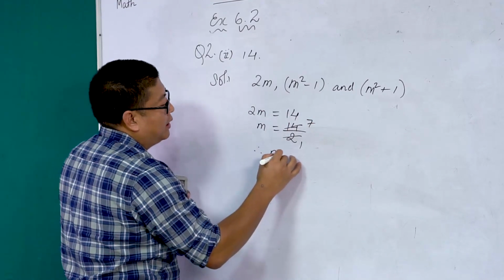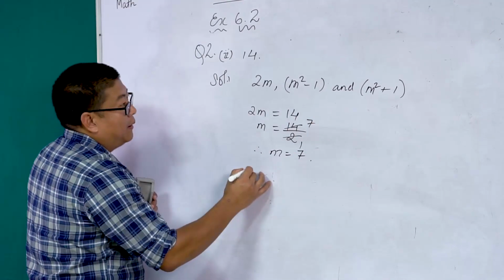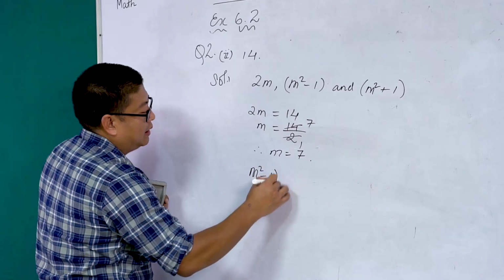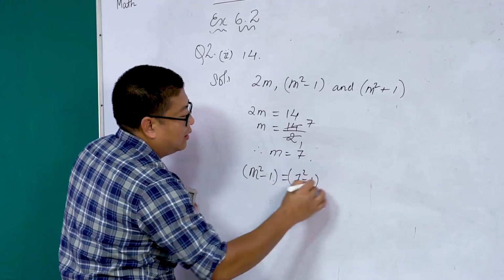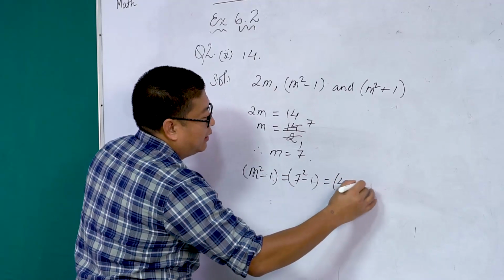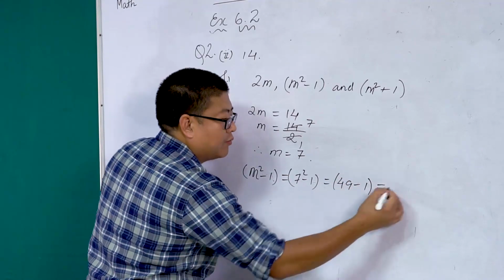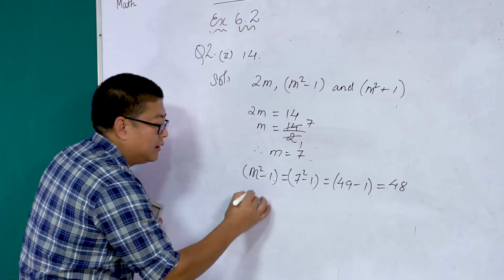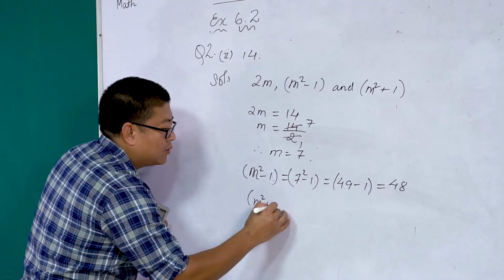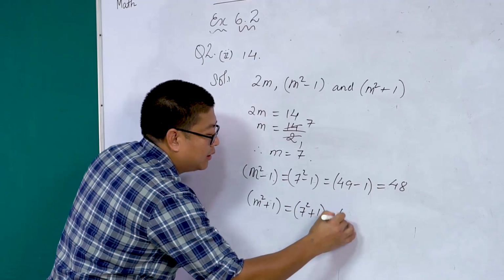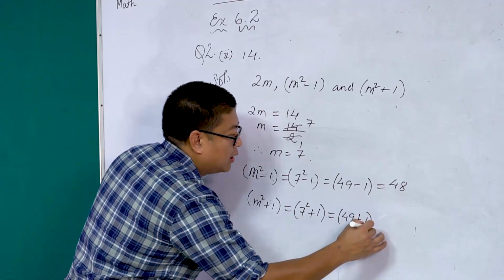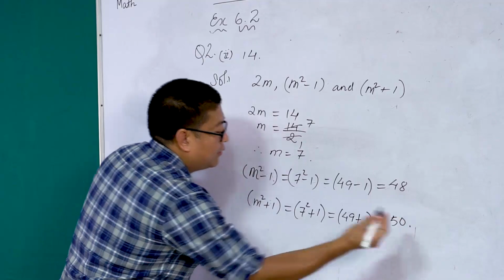Therefore, m is 7. Now since we know m, 7 square minus 1. 7 square is nothing but 49. When you subtract 1 from 49, you get 48. Similarly, m square plus 1, so 7 square plus 1, you get 49 plus 1, nothing but 50.